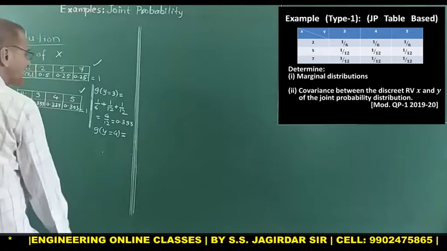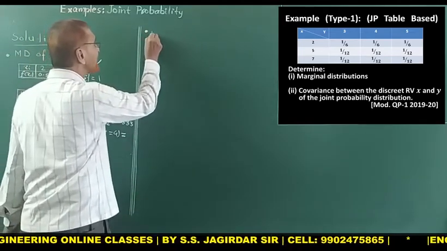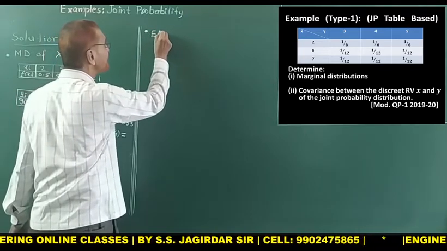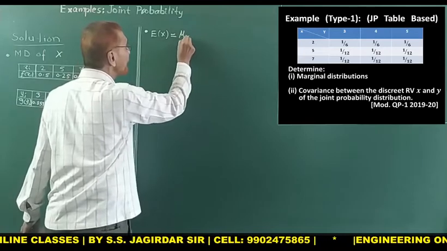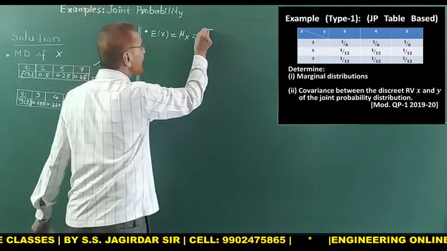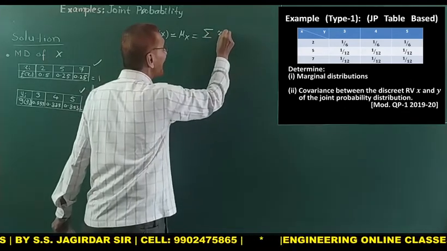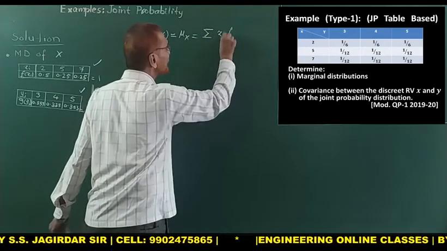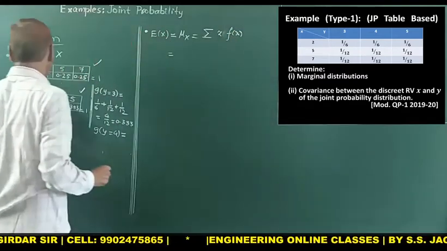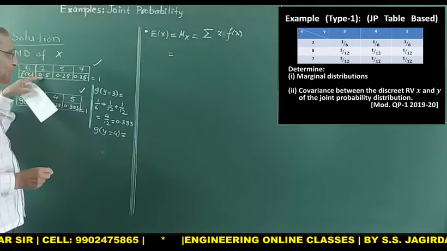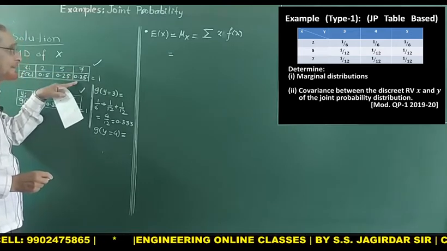If you want to work out the covariance, first you want the expectation of x. Expectation of x, whose symbol is also mu x, has the formula sigma x into f of x. So in this, x values are 2 into its probability, 5 into its probability, 7 into its probability, and you have to add.